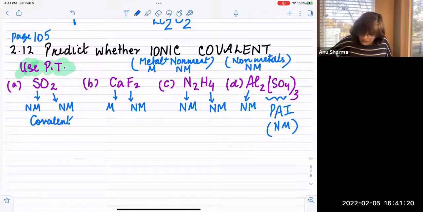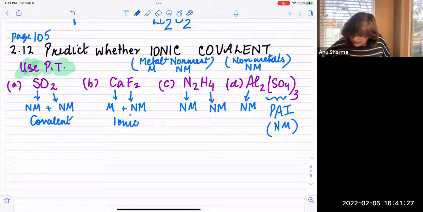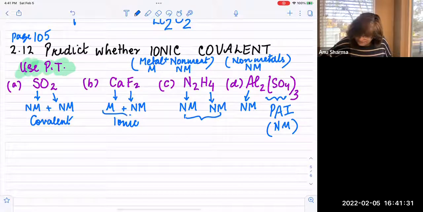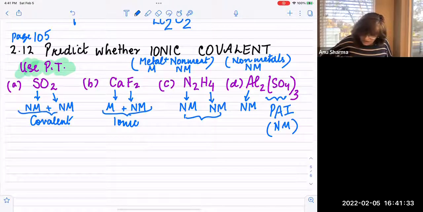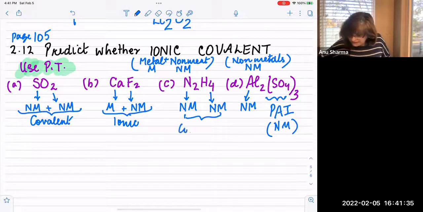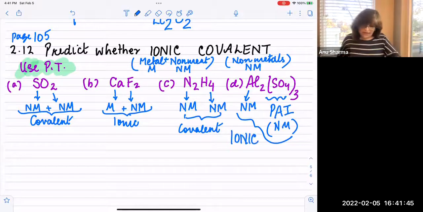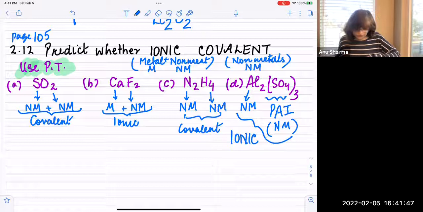When a metal and a non-metal combine, then we have an ionic compound. When a non-metal and a non-metal combine, we have covalent. And when we have a metal and a polyatomic ion combine, it's always going to be ionic. Okay, so that was 2.12.